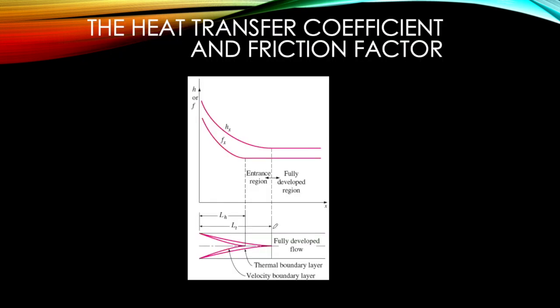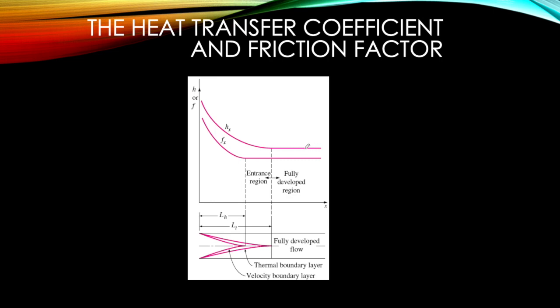So we can see from this figure. For the hydrodynamic entrance region, the hx is different, and it will reduce as x increases, and after it reaches the point where the fully developed region starts, it will become constant.